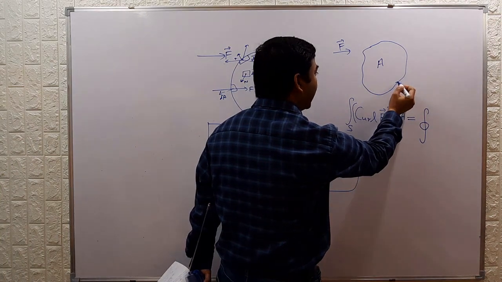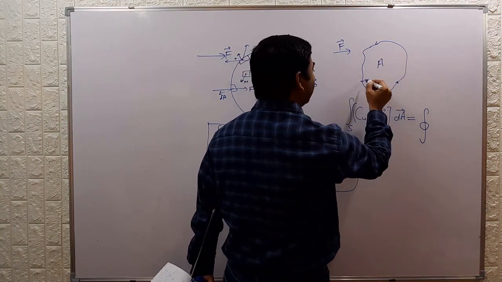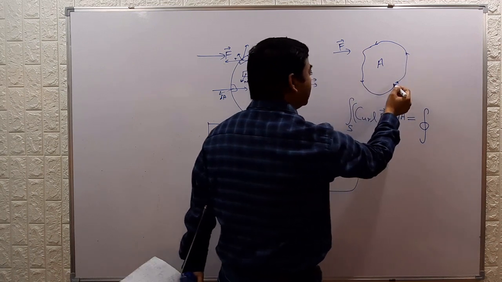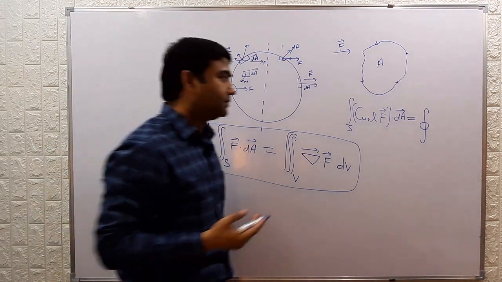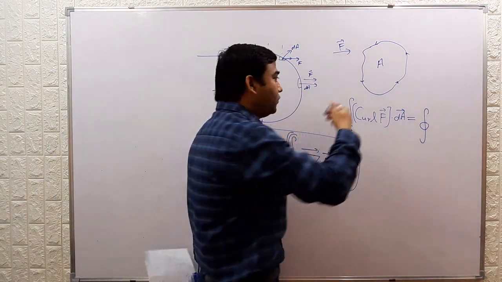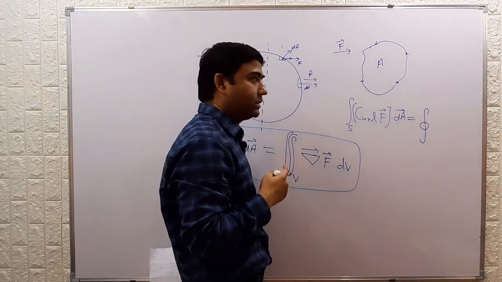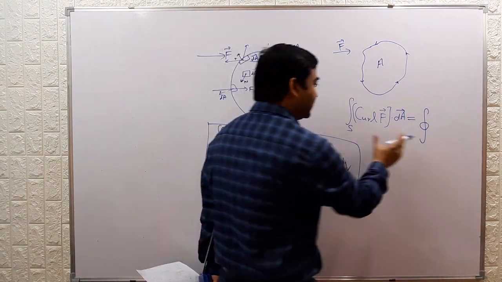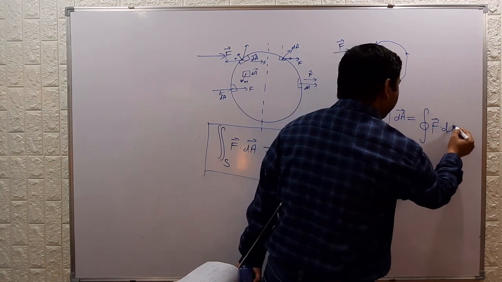This is the line boundary of the surface. So along the boundary we have to carry out line integration. For the complete boundary, a closed loop, we call it circulation of F dot dl.